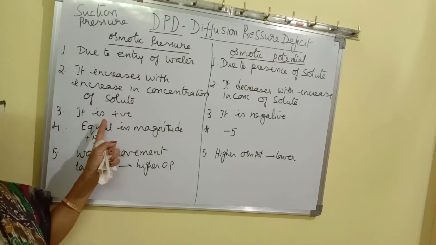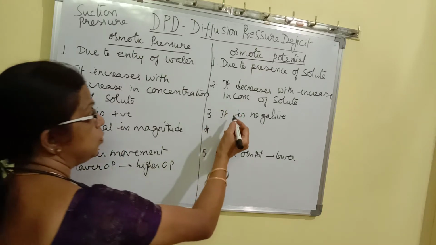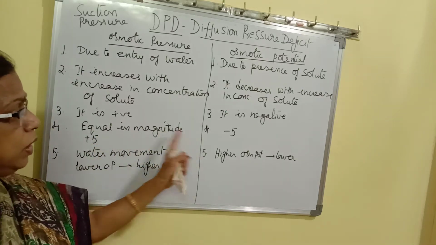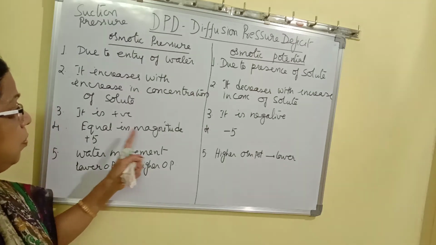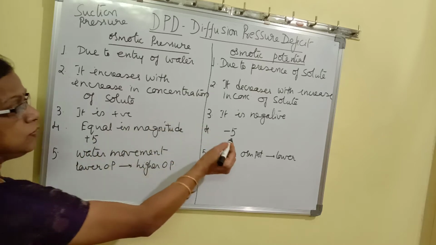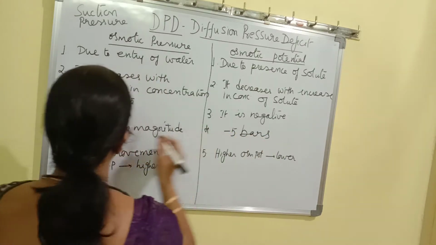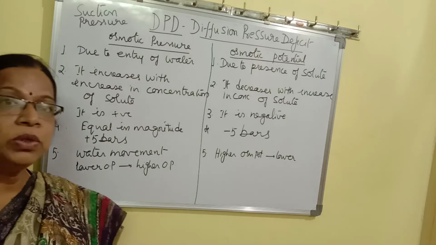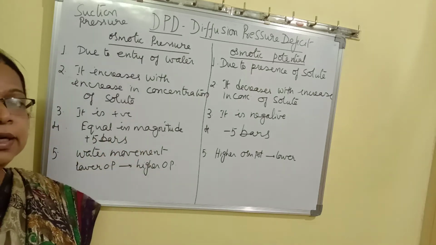Next point: osmotic pressure is a positive value, whereas osmotic potential is a negative value. Both are equal in magnitude but opposite in sign. Suppose we take this as +5, this we should take as -5. The unit is bars, so -5 bars here and +5 bars there. Both are equal in quantity, but opposite in sign.